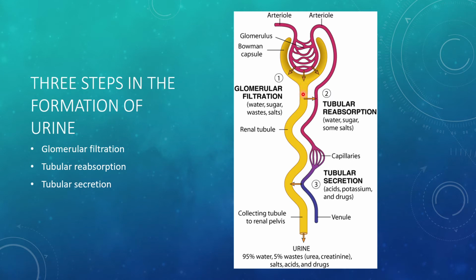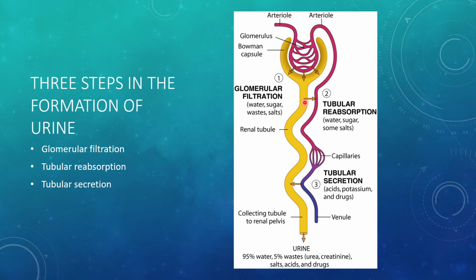Stage 2, called tubular reabsorption, is where we reabsorb sugar and salts, and water follows by osmosis. Step 3, tubular secretion. So stage 1 is coming from the blood into the renal tubule.